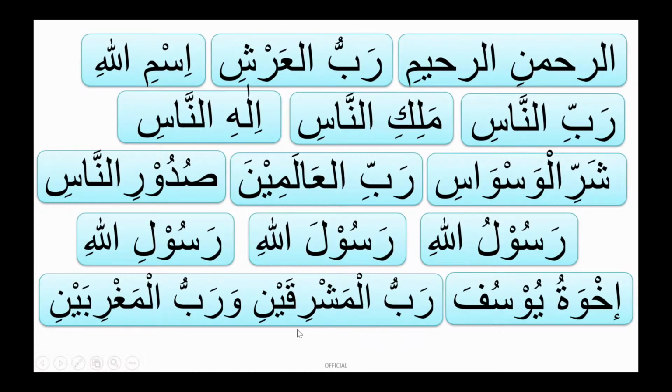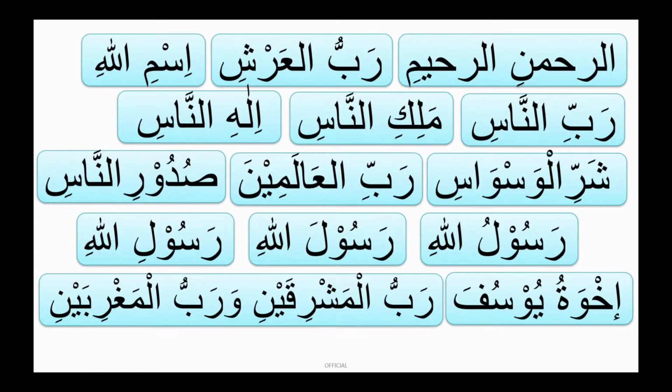So Rabbul Mashriqaini wa Rabbul Maghribaini. So the ism Rabbu, is it heavy or light? Light, because we don't have un ending, right? Then Mashriqaini, is it jar?